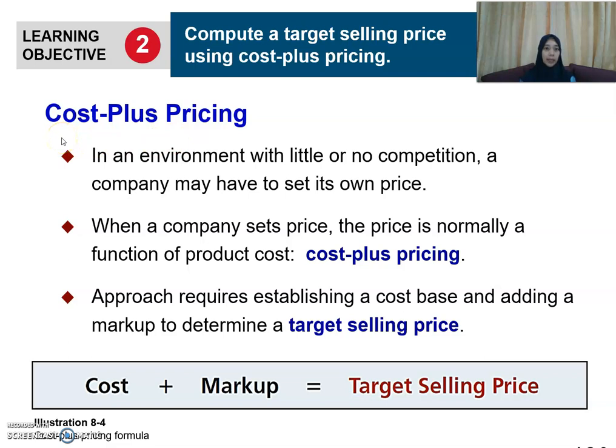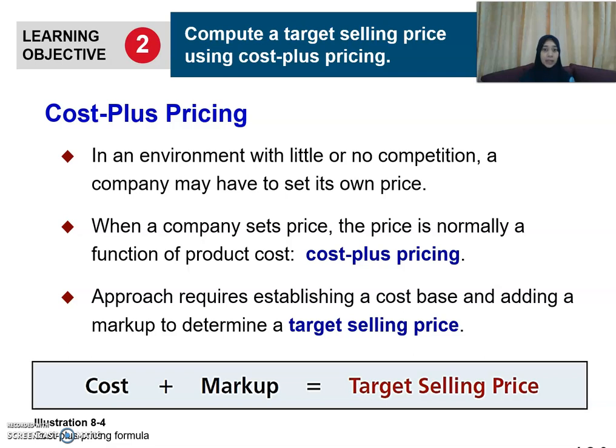As the name implies, you look at the cost and then you add a certain amount of profit, then you set the selling price. In an environment with little or no competition, the company may have to set its own price. Previously we looked into cases where there is a lot of competition, so you want to be competitive and you have to look at your competitor's price.